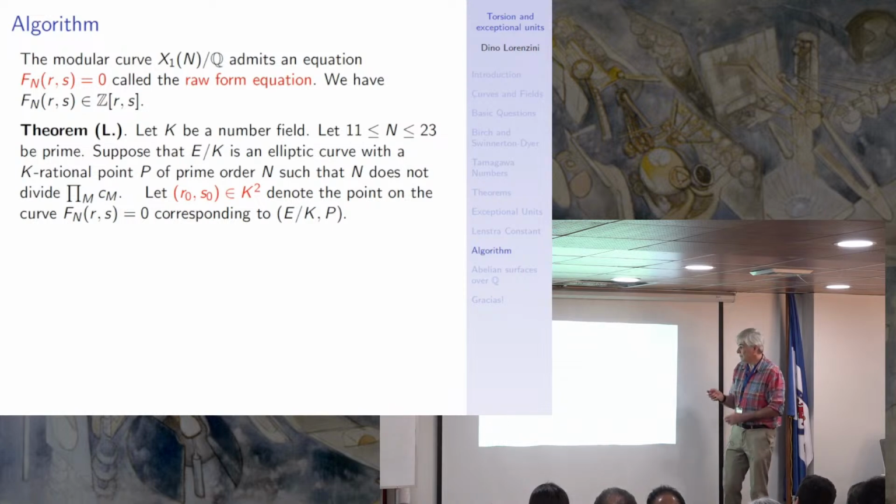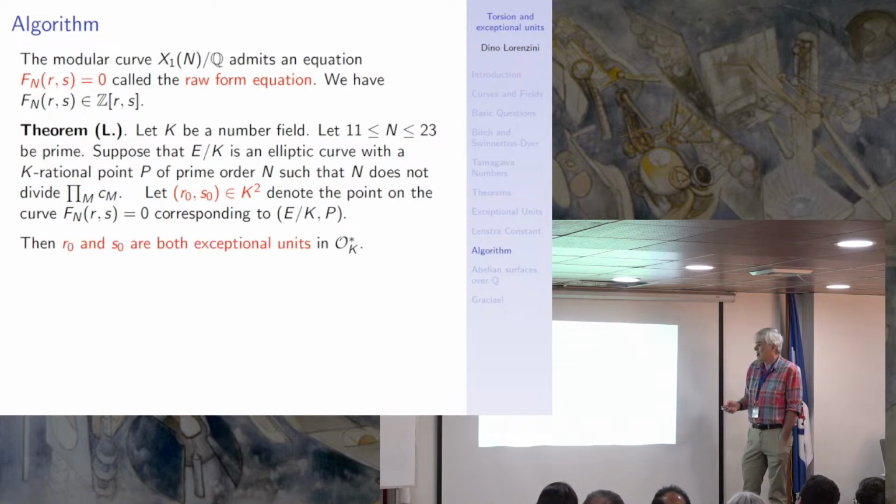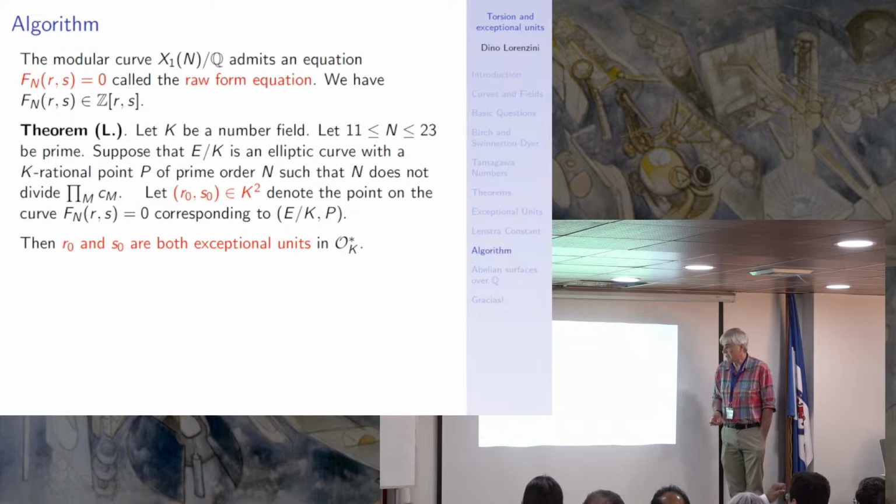So I'm calling it (r0, s0), right? So that's a point now on the modular curve. I can do that for any one, but I'm going to tell you something about that point. The first thing that I can state is that these numbers r0 and s0 that are going to come out of the Rowe form equation have to be exceptional units, right?